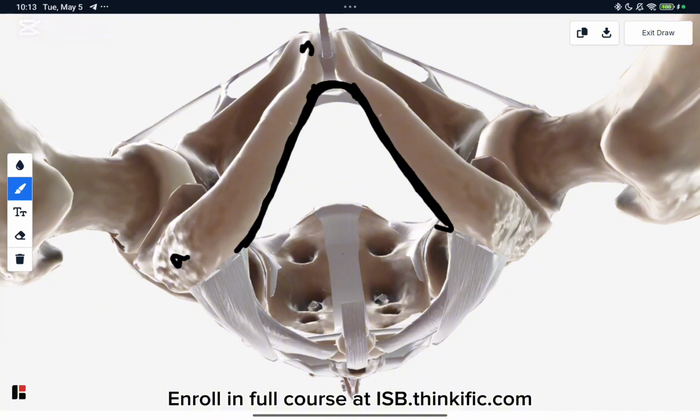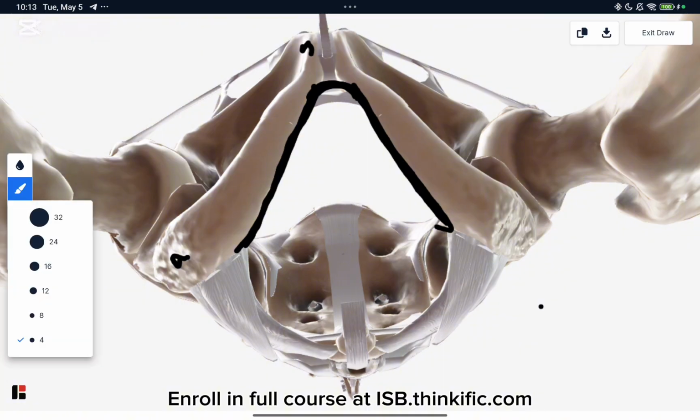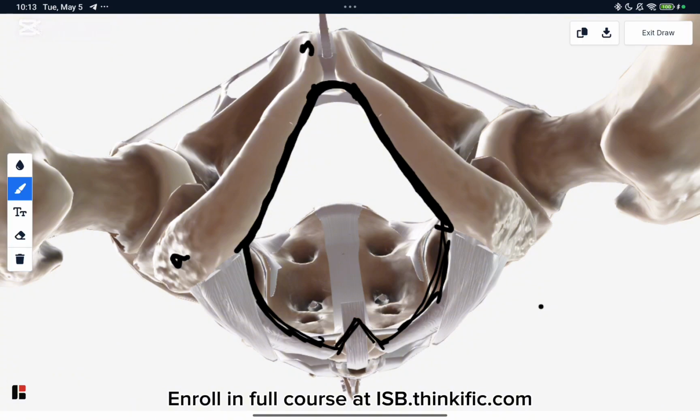So that's the anterior portion. The posterior portion is mainly ligaments, specifically the sacrotuberous ligaments, here and here. And posteriorly in the midline, we have the coccyx. So those are the borders.